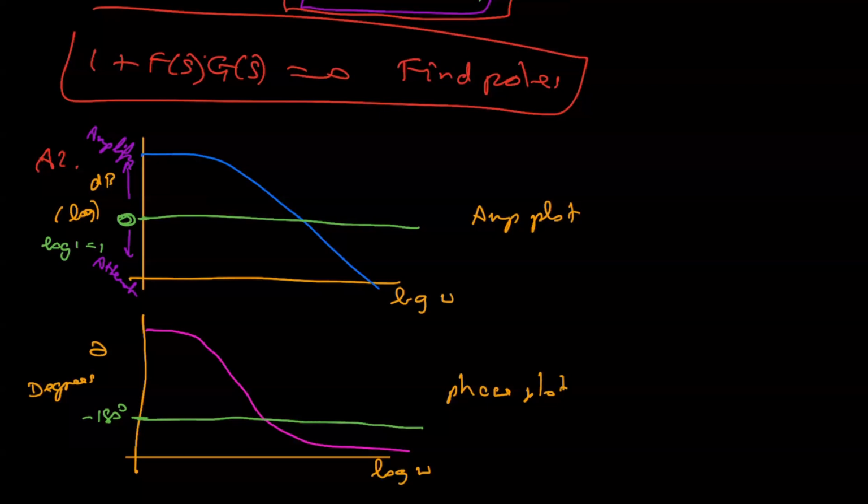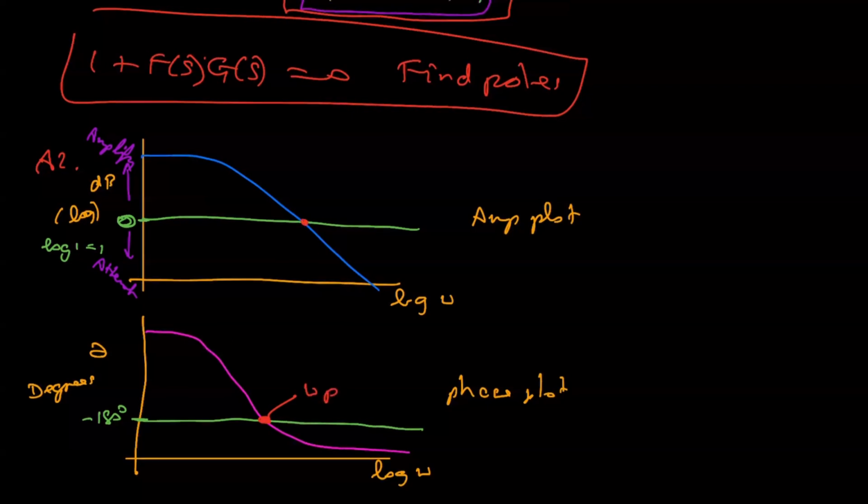So there's a couple of points we have to note. This crossing point here, I'm going to call it omega p. And this crossing point here, I'm going to call omega g.